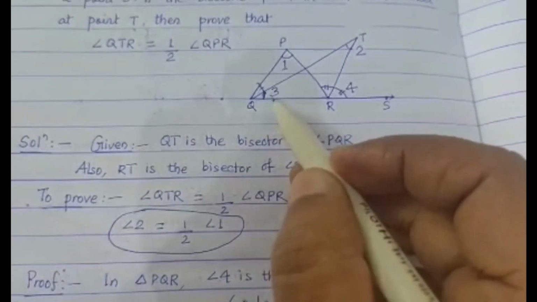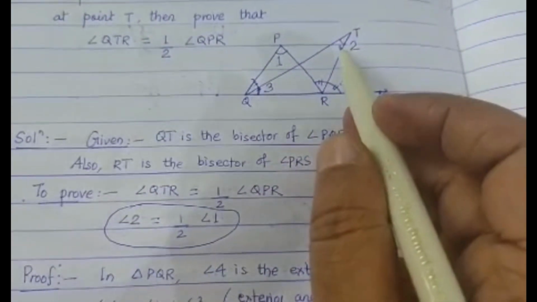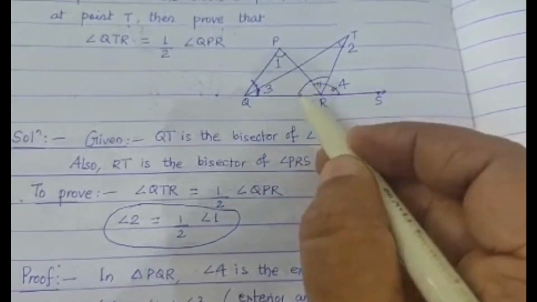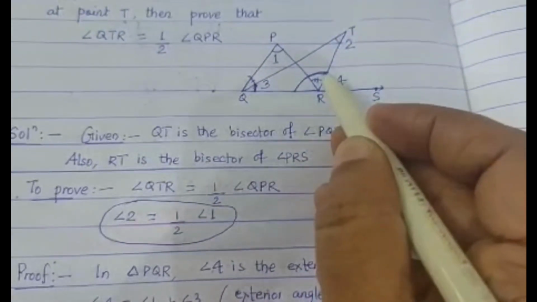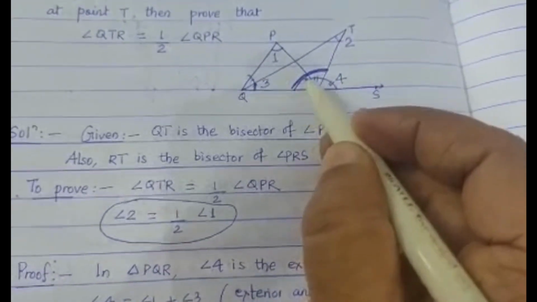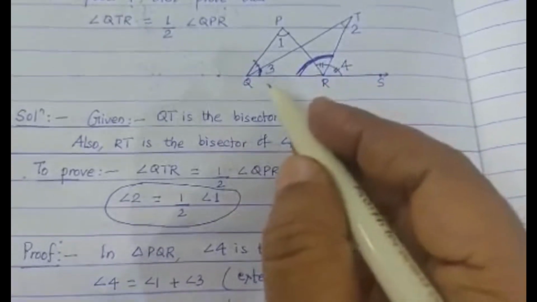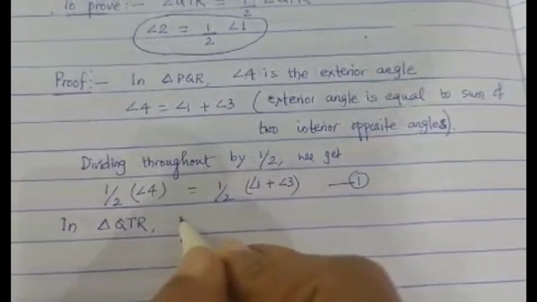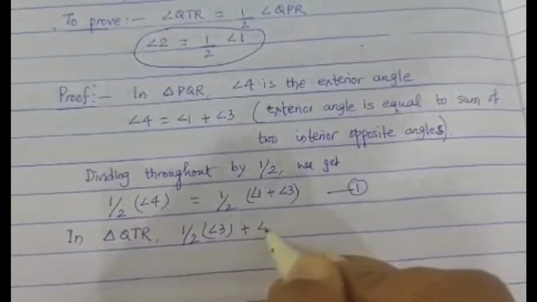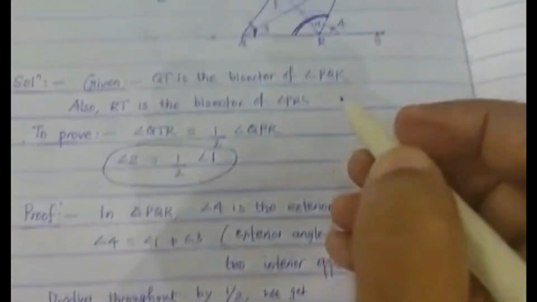In triangle QTR, half of angle 3 plus angle 2 plus this angle will be equal to 180 degrees.